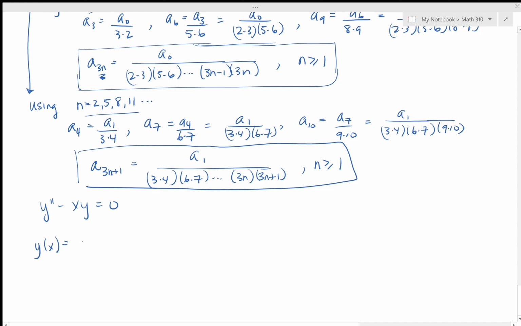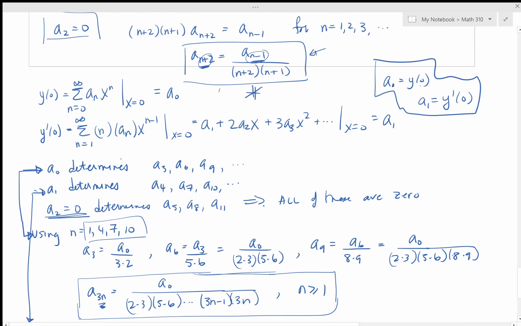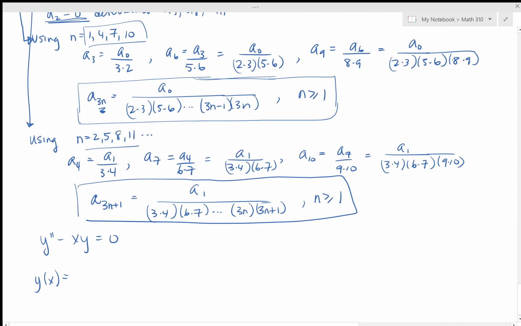A naught, and what is A naught? Let's scroll back and remind ourselves. A naught is the initial condition on the function at 0, and A1 is the initial condition on the derivative at 0.